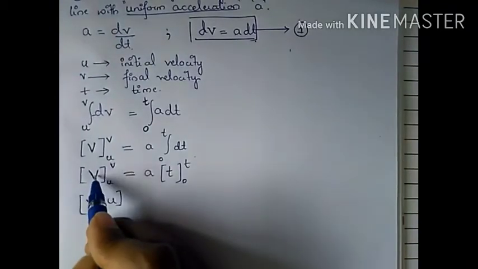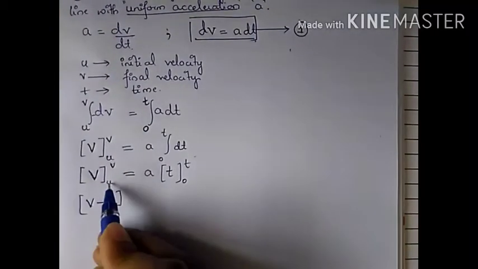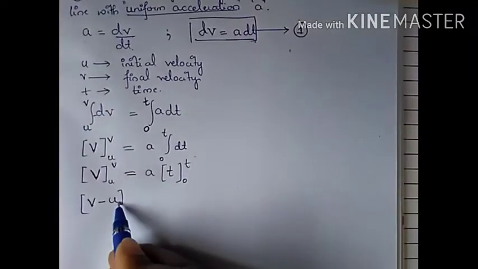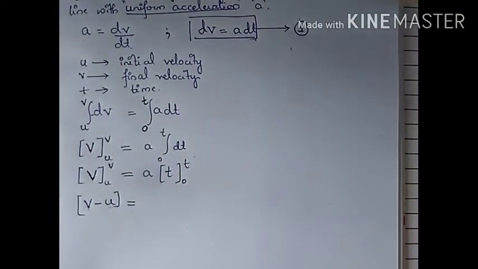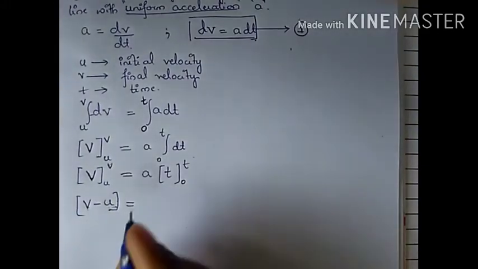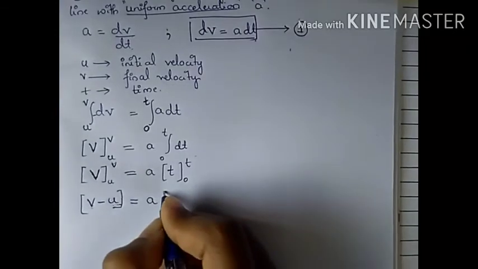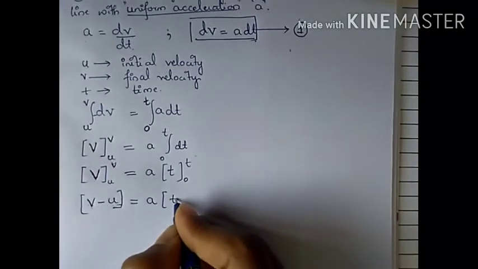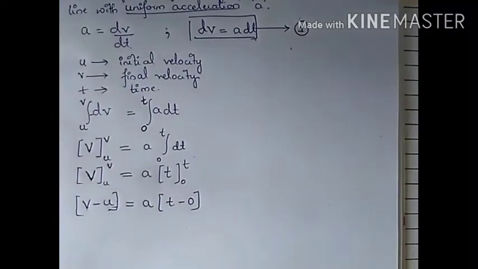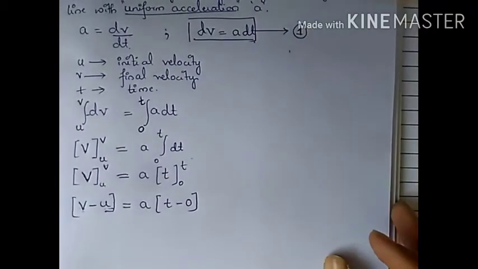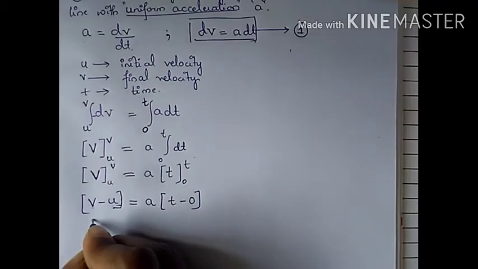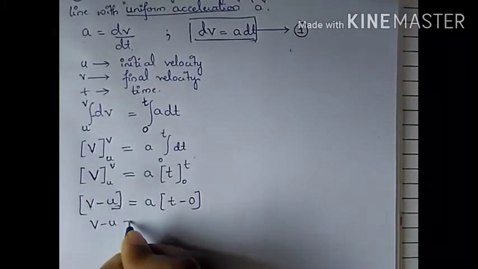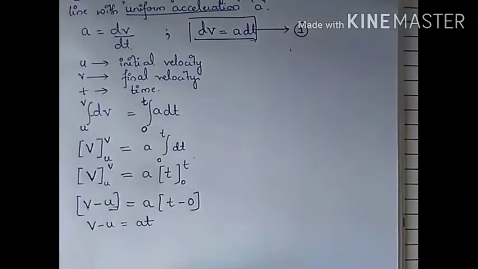If you substitute v in this, you will get v. If you substitute u in this, you will get u. So the difference is the final limit minus the initial limit, and a times t minus 0. Hope this is clear.